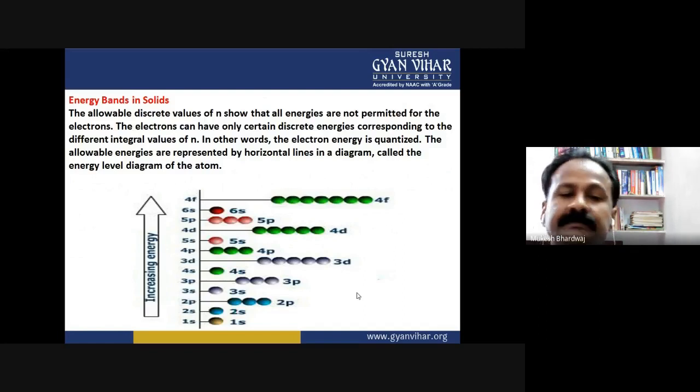Protons and neutrons are concentrated at the center of the atom, known as the nucleus of an element, and the electrons revolve around the nucleus in particular orbits, depending upon the electronic configuration.